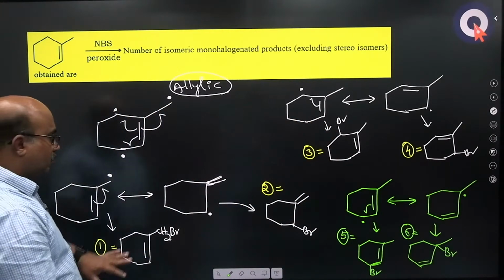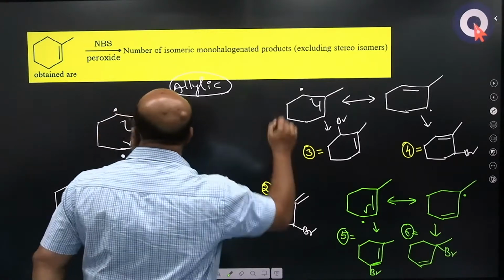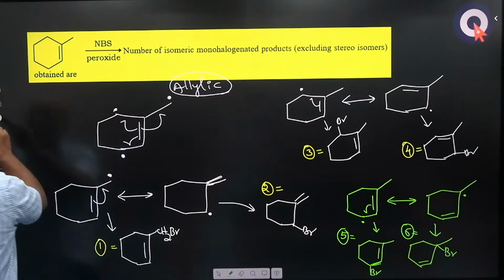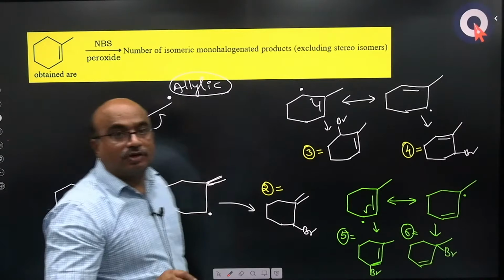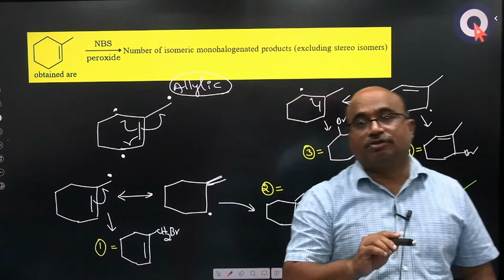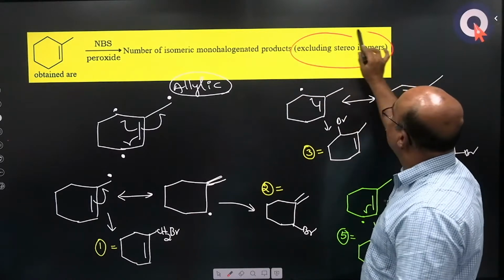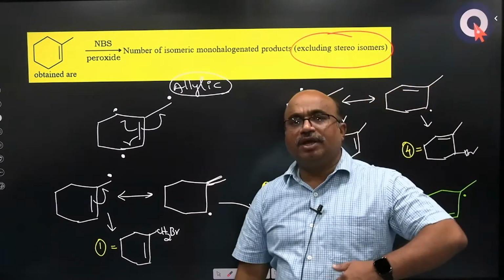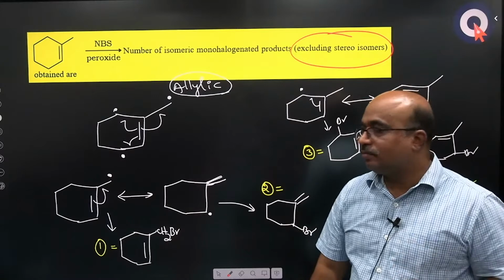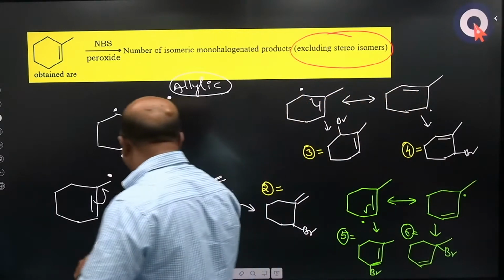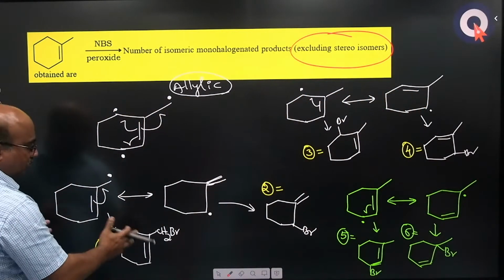Among these, because they asked in the question that we require only structural isomers, excluding stereoisomers. So excluding stereo. Even if we count stereo also, let us see. Do we have any stereo aspect in this?